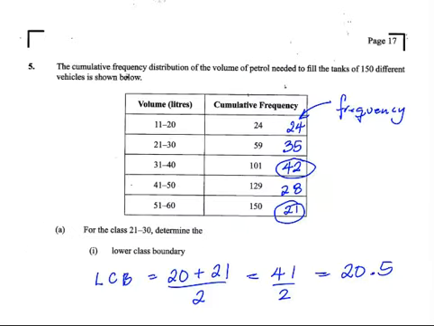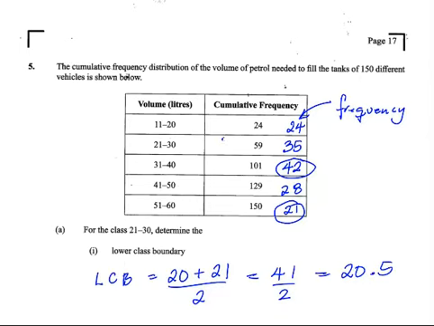All right, now, first of all, the median is the volume of liquid of vehicle number 75. So the first 24 vehicles need between 11 and 20 liters of petrol.